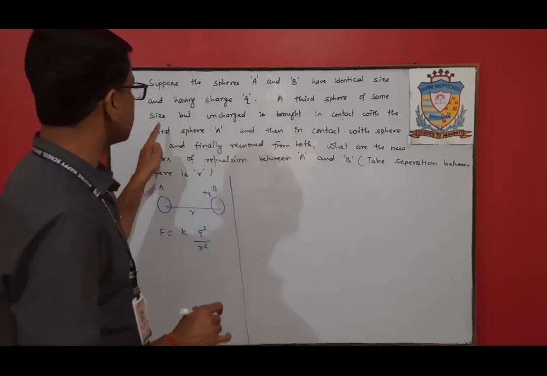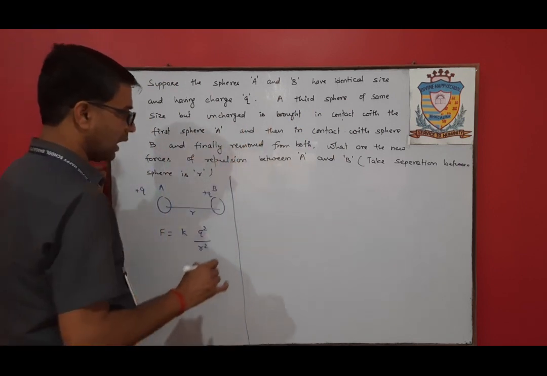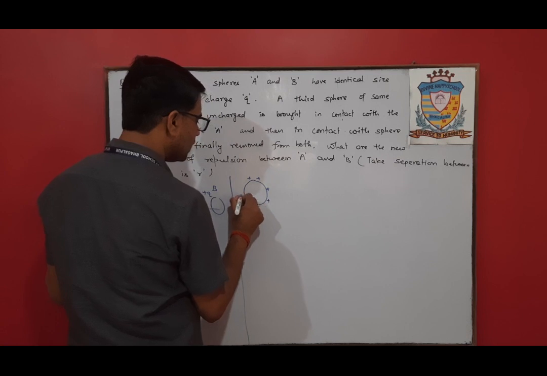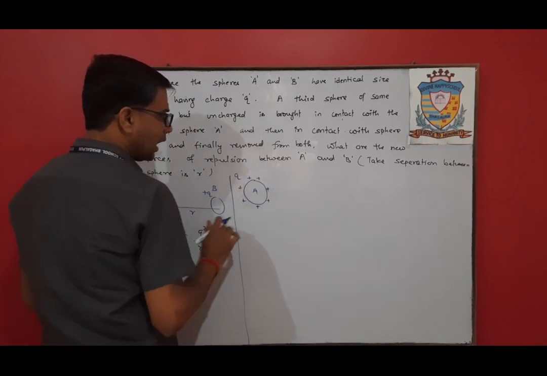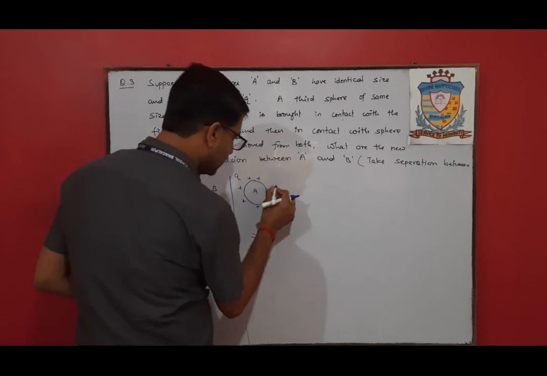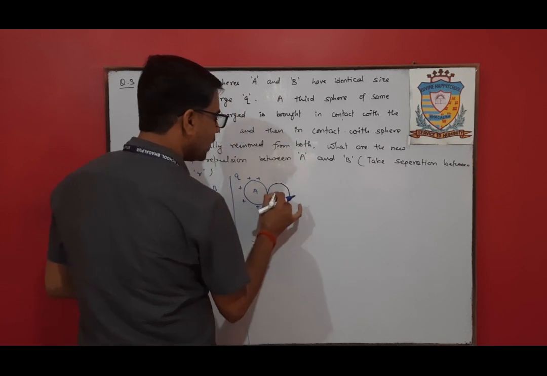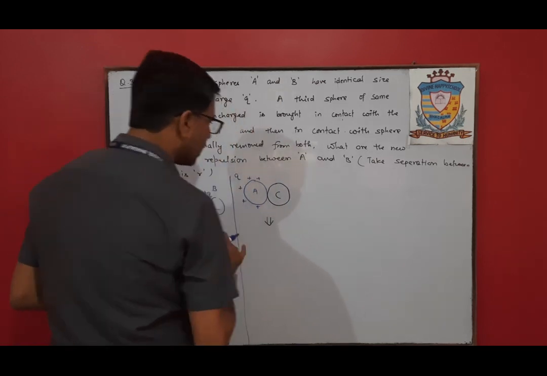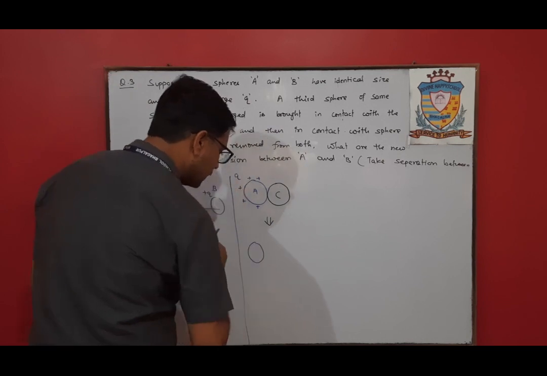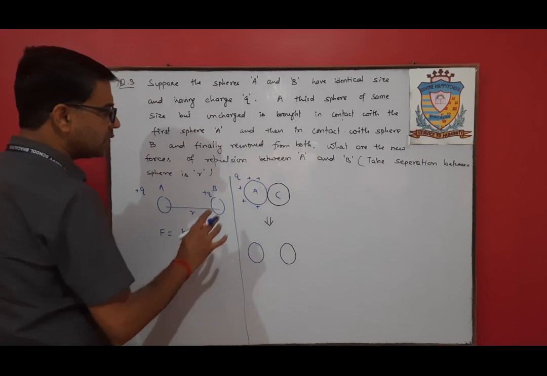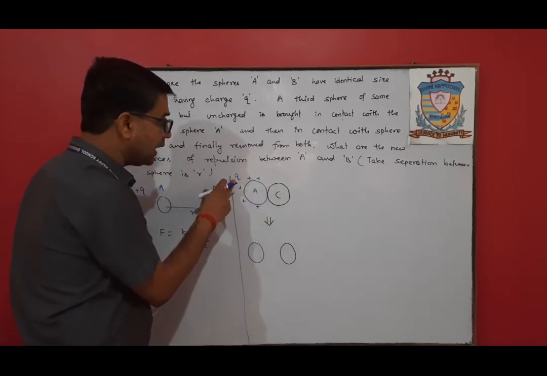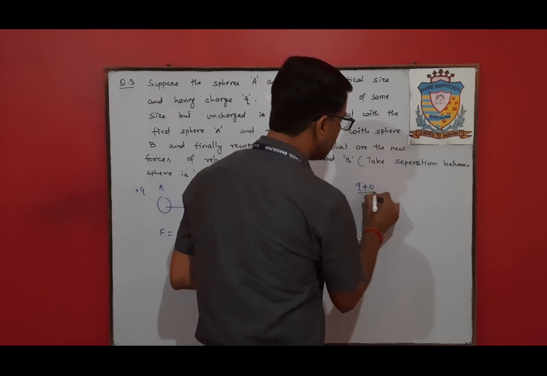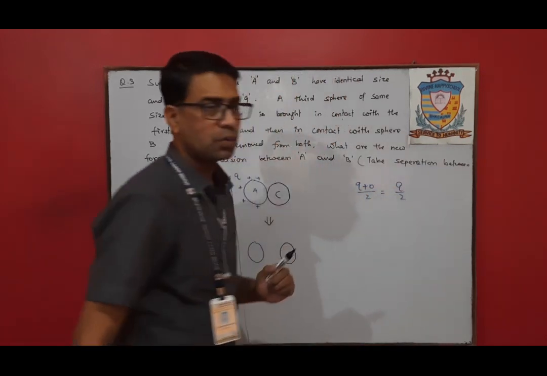Now a third sphere of same size but uncharged is brought in contact with the first sphere A. Suppose this is sphere A having charge Q. A second uncharged sphere C is brought in contact with A. Then after conduction, if we remove these two spheres, the total charge on C is 0 and the total charge on A is Q. So Q plus 0 divided by 2, that means each one will get a charge of Q by 2.